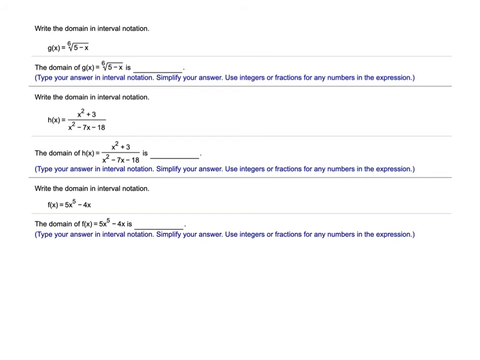For the first one, this is where you have a radical, and notice it's an even radical. When that happens, you can't have the 6th root of a negative number. What's underneath has to be positive, but it also could equal 0. So you take what's underneath the radical sign, which is 5 minus x, set it greater than or equal to 0 and solve.